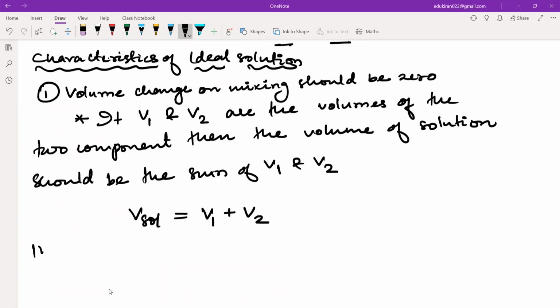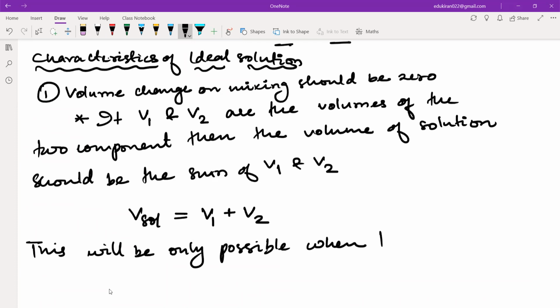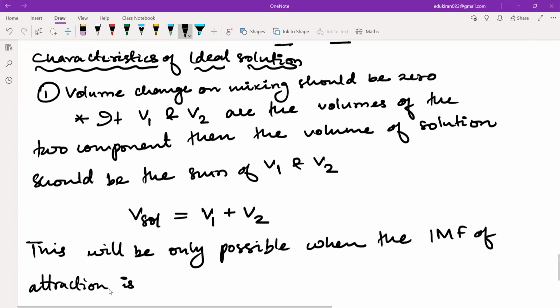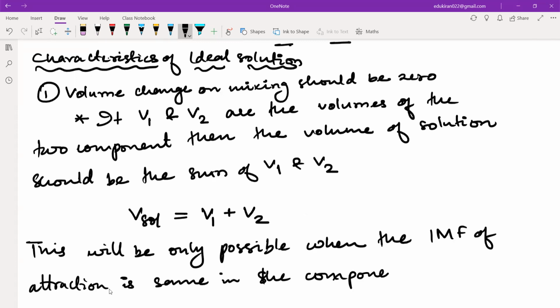And this will be only possible when the intermolecular force of attraction is the same in the components and in the solution.